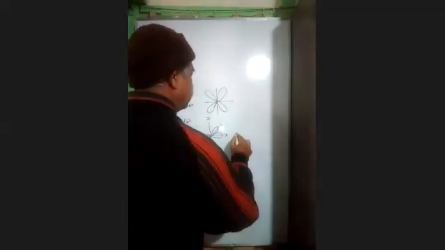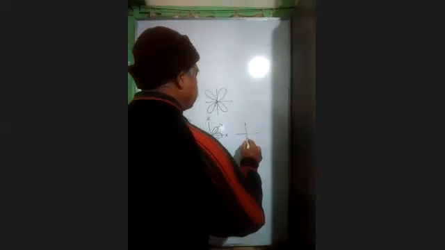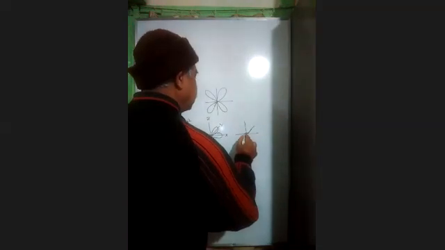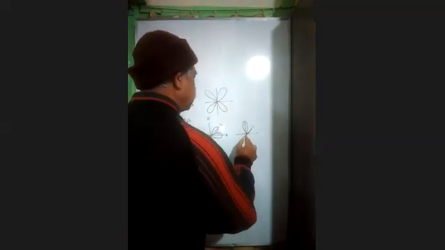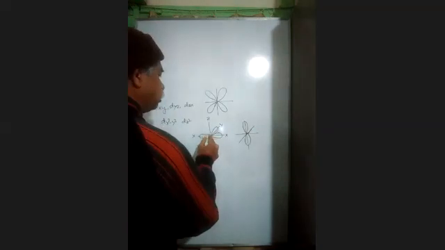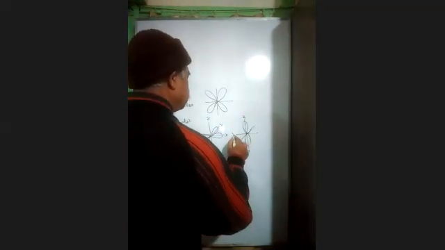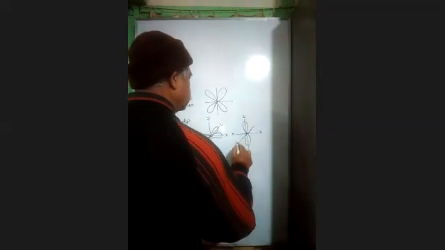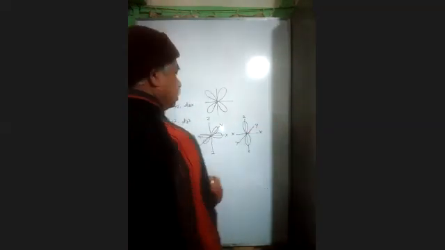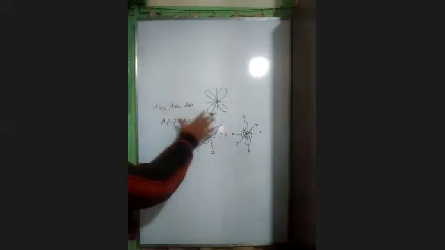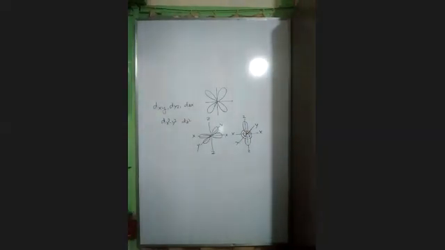And how does the dz square look like? Dz square is like this. I should have drawn it here, but if I draw it, it may lead to some confusion. I'm drawing it separately. See this. And this is a circle. So these are the 5 types of d orbitals.